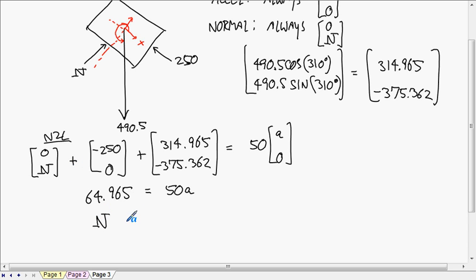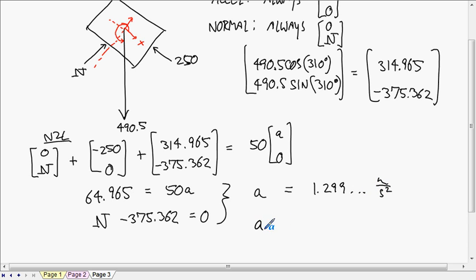And N minus 375.362 is equal to 0. So this gives us that A is equal to 64.965 divided by 50. 1 point, what is it? 1.299, so on, meters per second squared.